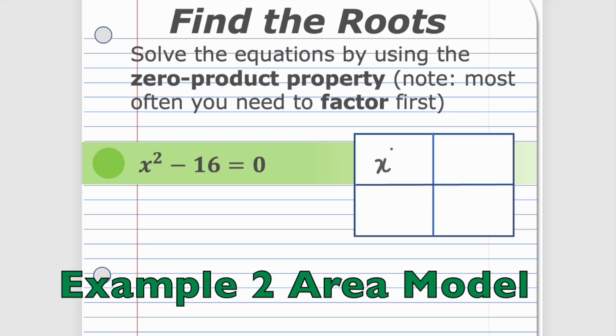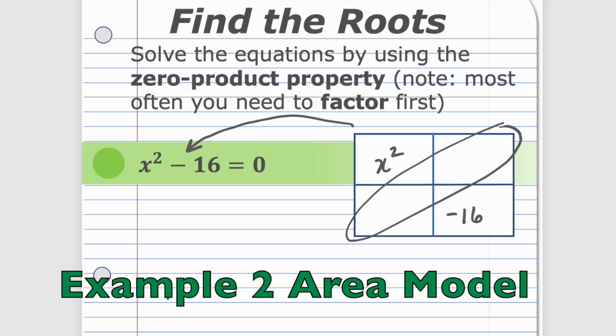We know we have an x squared and a negative 16. We're trying to find two values that add up to 0x, because we don't have the middle term. If you think about that, positive 4 and negative 4 are the two values that will work. x minus 4, x plus 4.